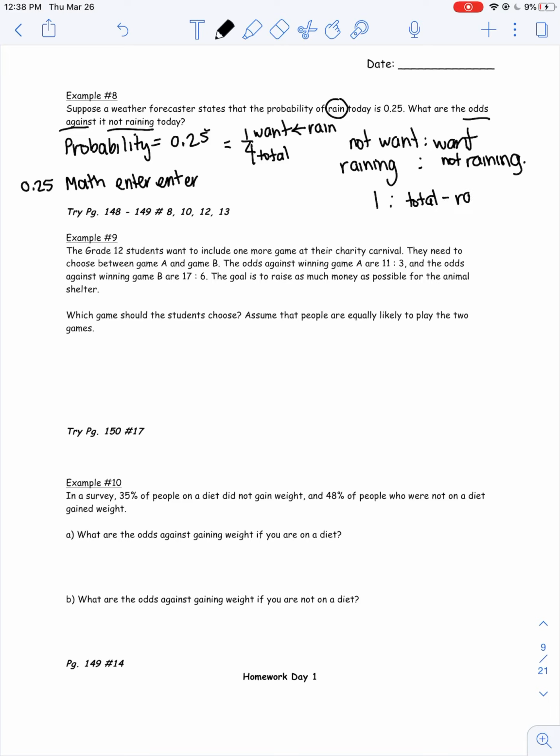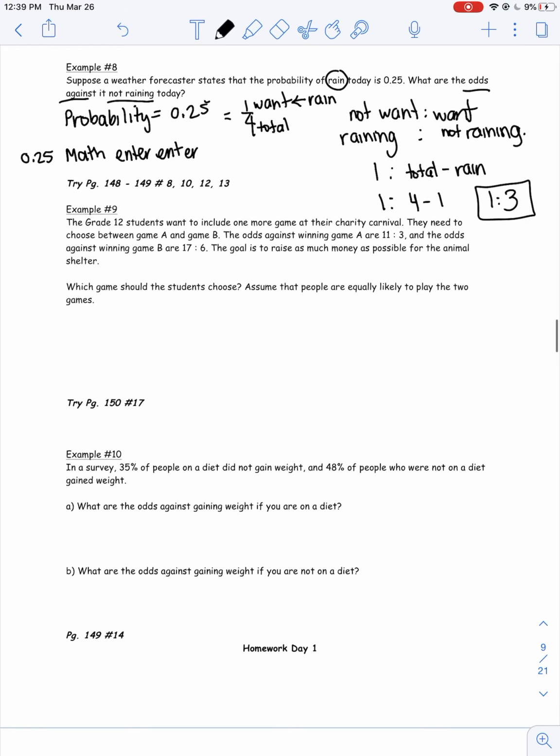We're going to take our total and subtract our rain. So the total was 4 and our raining incident was 1. So we're going to have a 1 to 3 chance that it's going to, in this case, rain. So 1 to 3 should be the answer that you get.